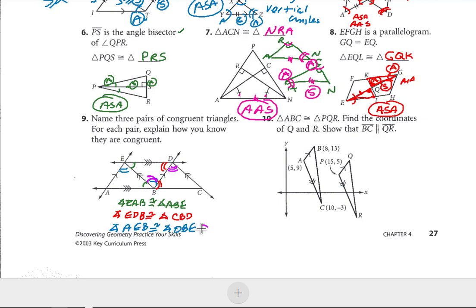And so we're looking for using the 3 parallel sides, and then the other one gives us angle CDB is also congruent to AEB and DBE.